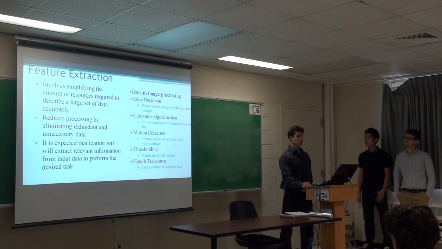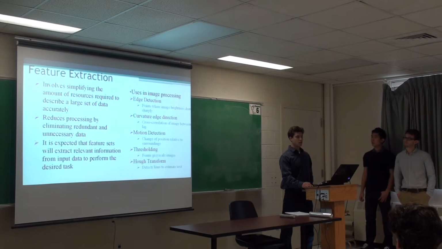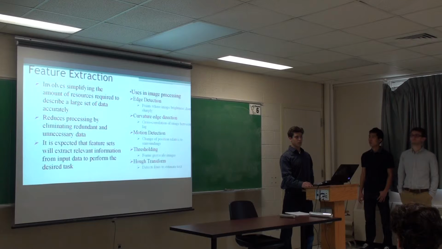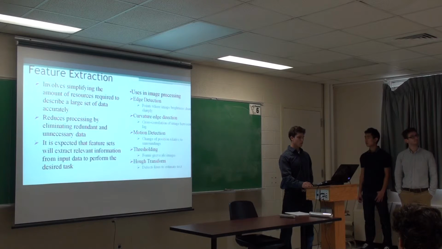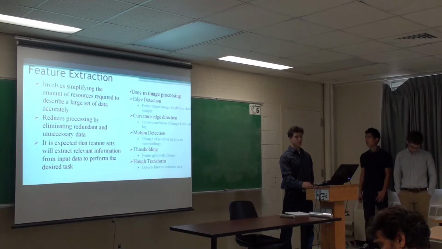And in motion detection, changes of position relative to the surroundings detect how the image is moving. Another use of feature extraction is in thresholding, where it forms grayscales of the image and extracts the features needed to reconstruct the image.